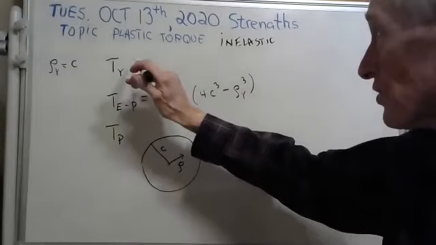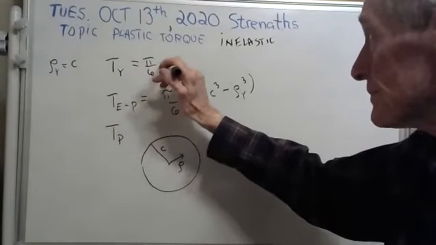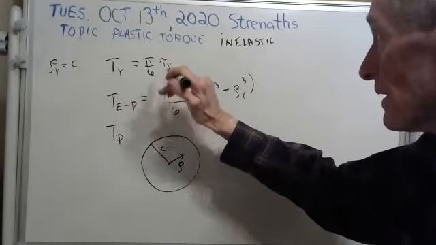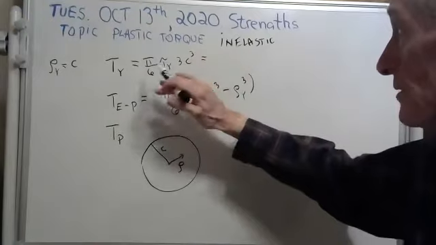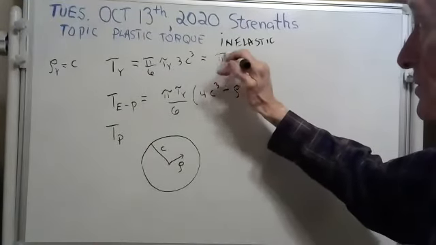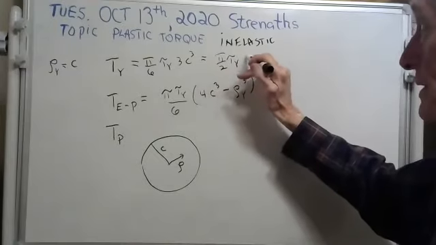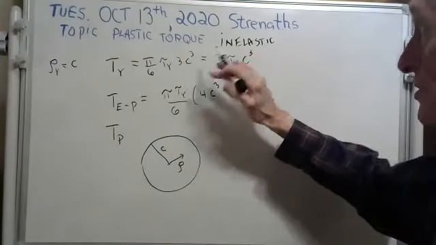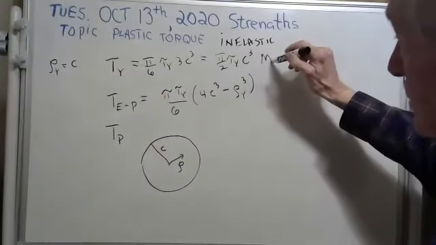That's 3c cubed. So you get pi over 6 tau sub y times 3c cubed. Do a little algebra and you get pi over 2 tau sub y c cubed. Now that should be the equation for the maximum elastic torque.